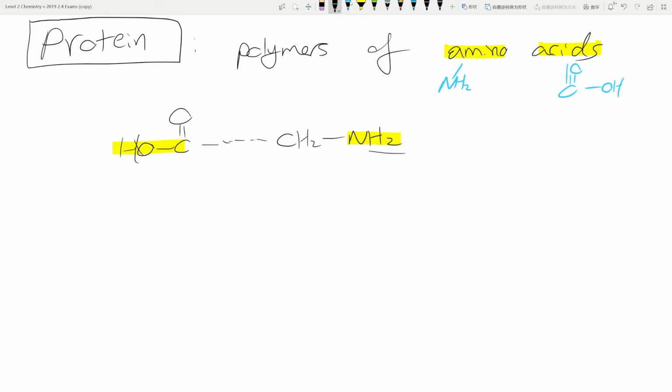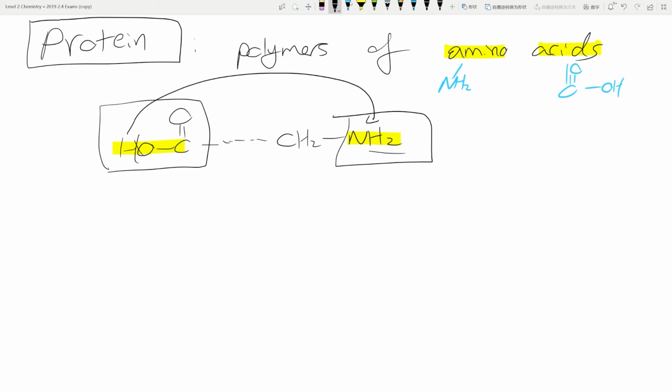Now one thing that proteins actually do, because by nature the COOH is a carboxylic acid which wants to donate a proton, and the NH2, which is alkaline by nature, will accept the proton. So the hydrogen on the oxygen of the COOH will make its way towards the nitrogen on the other side, and this is what you would have seen in your notes.